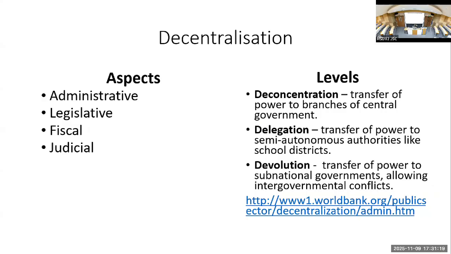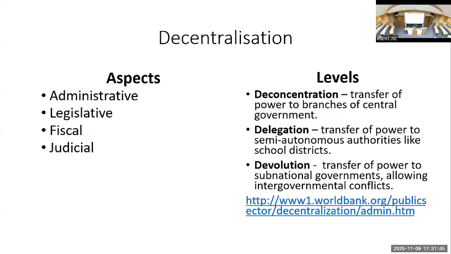If the education ministry decides to transfer some of the power to the state education department, then it's called deconcentration. But remember, the state education departments are not part of the state government. So this is a key point. They're still under federal control, but they have more local responsiveness and participation.